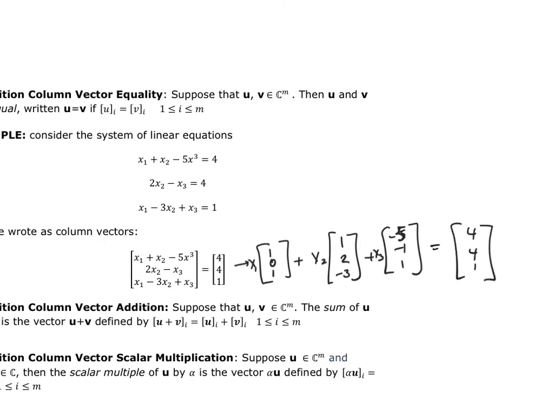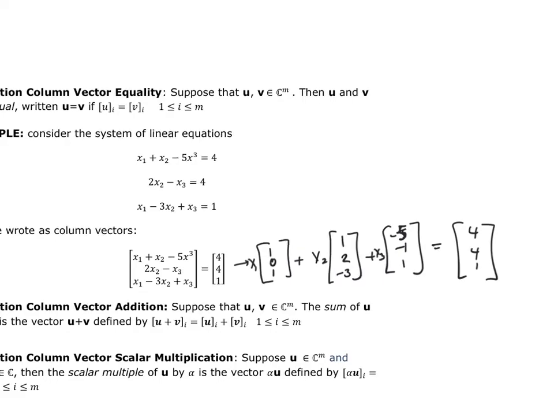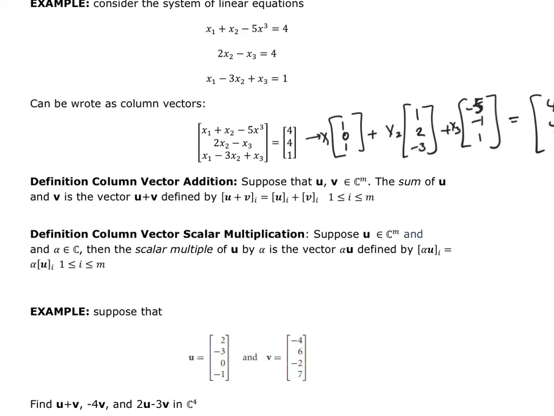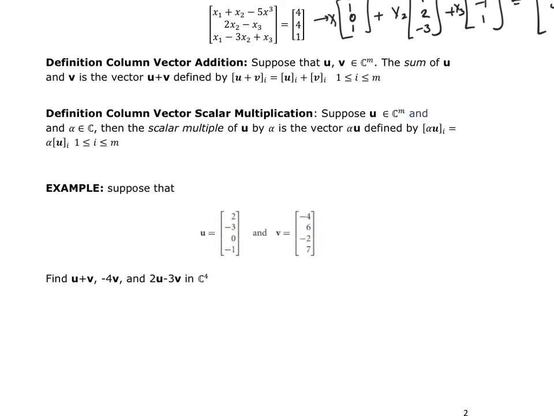We have those equalities when I do that addition, which gets me to how I'm going to define vector addition. Vector addition means I'm going to add the same positions together. And vector scalar multiplication just means I'm going to multiply by a number, a scalar, and it's going to multiply each one of the entries in the column of the vector.